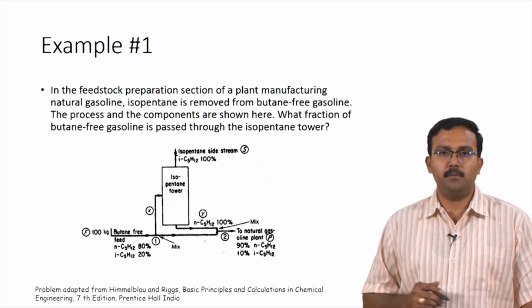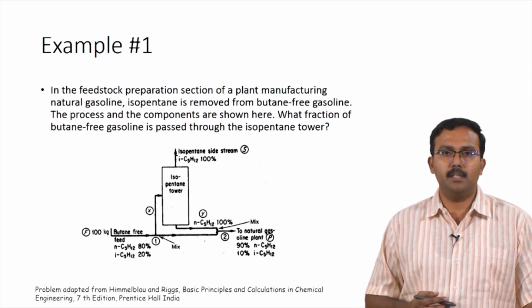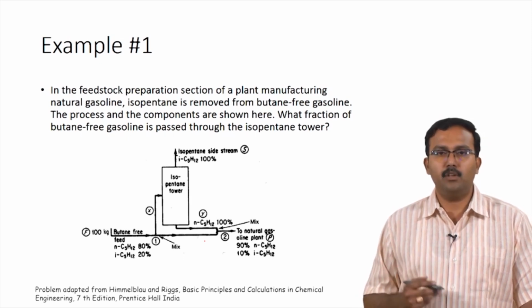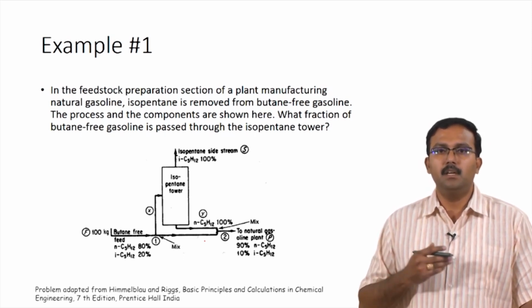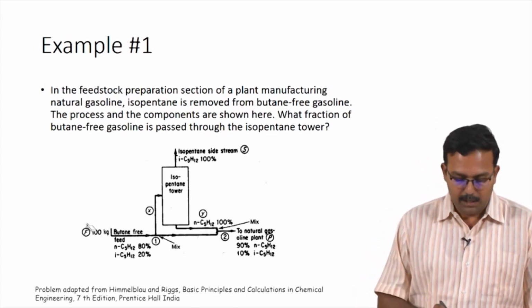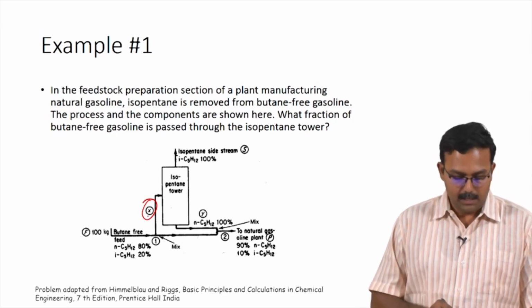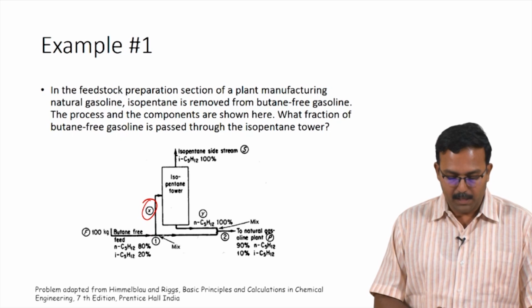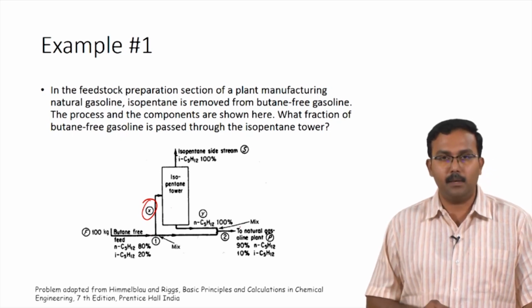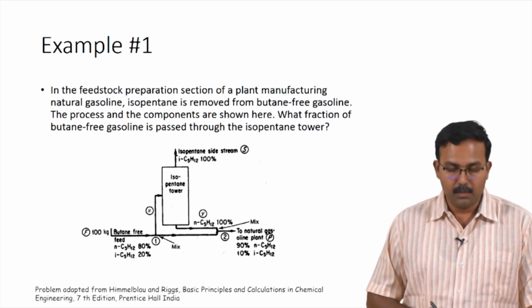So, now taking this flow chart into account, let us perform the material balance calculations to calculate the fraction of butane free gasoline which is passed through the isopentane tower. For this, we need to know what fraction actually enters the isopentane tower, which is x, and also how much skips the isopentane tower. So, let us perform the required calculations to get these values.